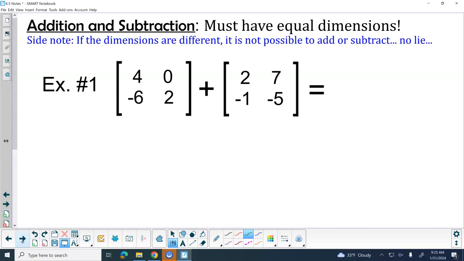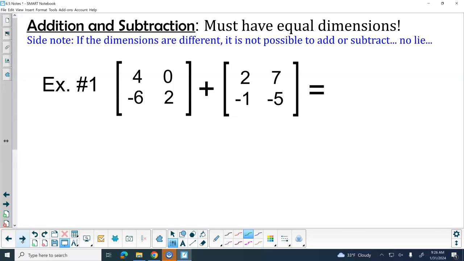If the matrix that you are adding another matrix to, or matrices, because we could have 3 or 4 different matrices all being added together, if those matrices are not of the same size, you cannot do the problem and you are done. That's the nice part about matrices. If it doesn't work, you're done right from the start.